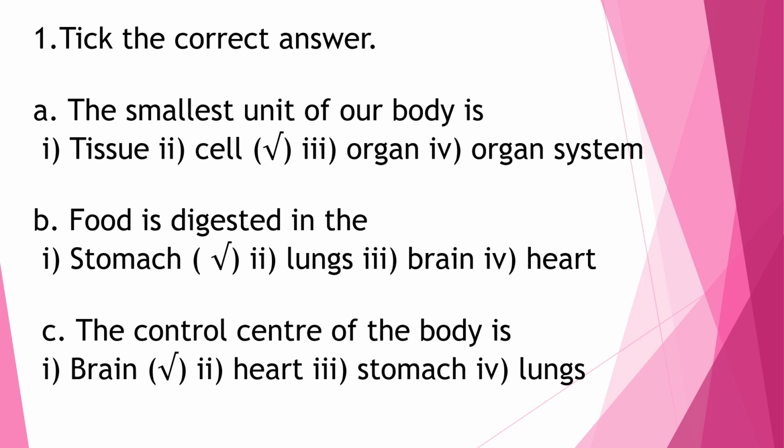Lungs work with the respiratory system, heart works with the circulatory system, and brain works with the nervous system, right? We learned that lungs go with the respiratory system, heart goes with the circulatory system and brain goes with the nervous system. Now the option left is stomach. Yes, the food is digested in the stomach.